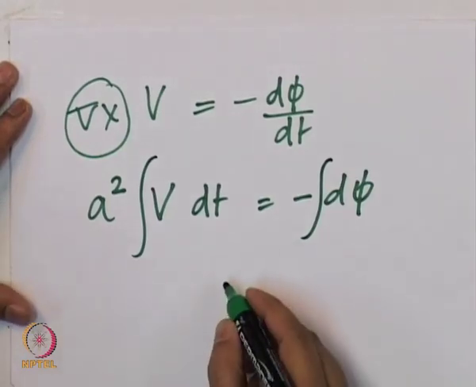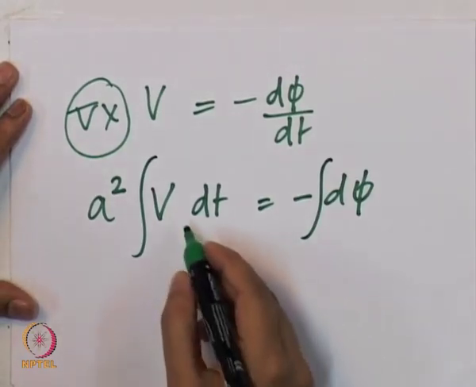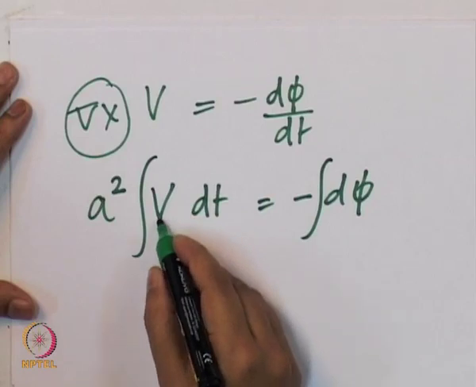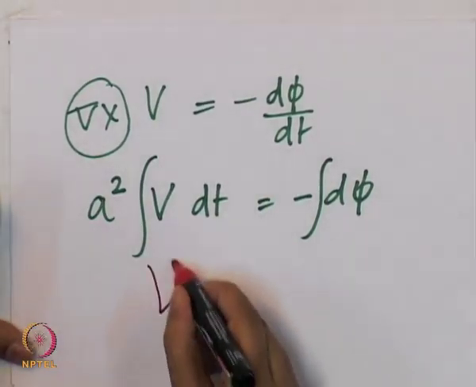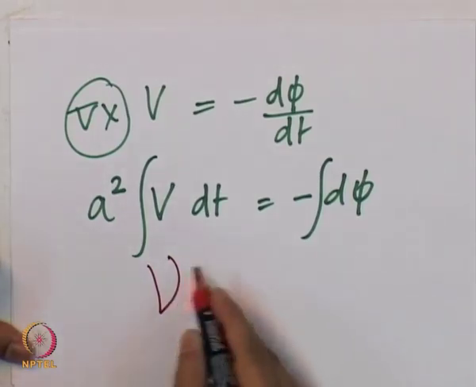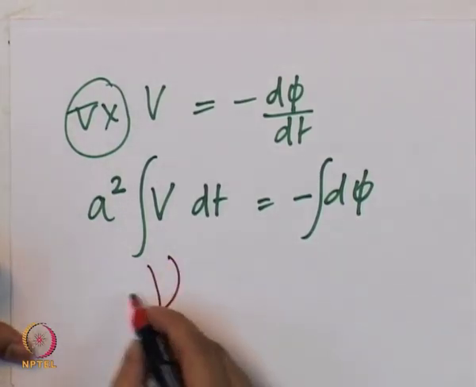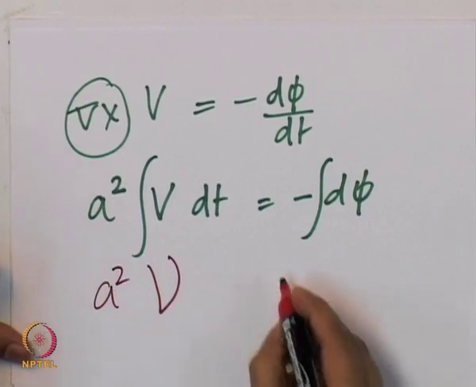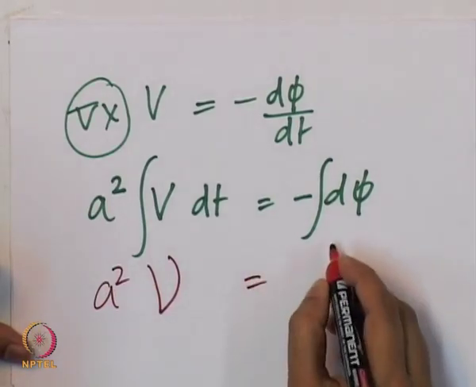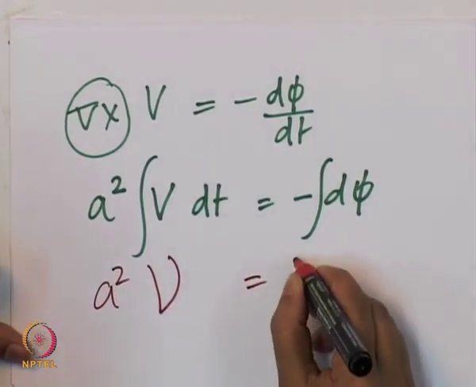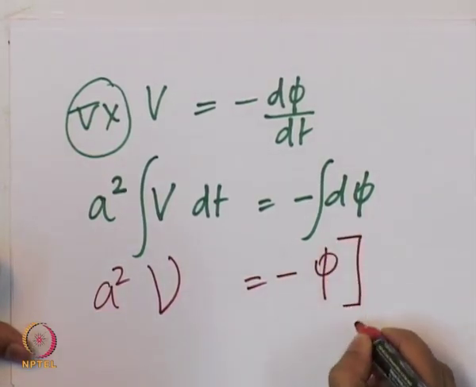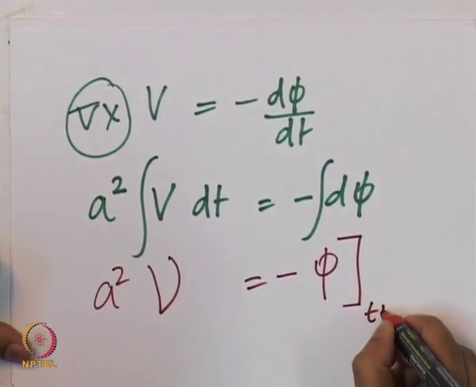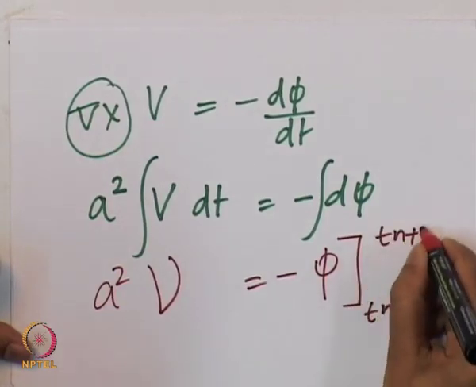When you do the integration, what you have got is a volume integral of V dt. So the volume integral, let us write it as V with an inclined V, and this is A2, and this is equal to the value that we are computing at two different points, so at time Tn and time Tn plus 1.